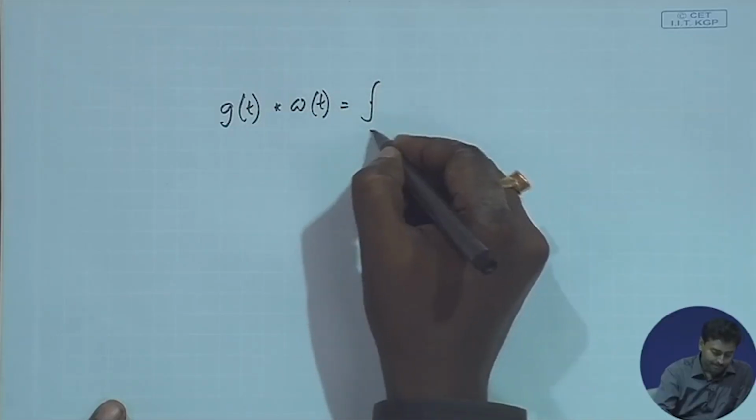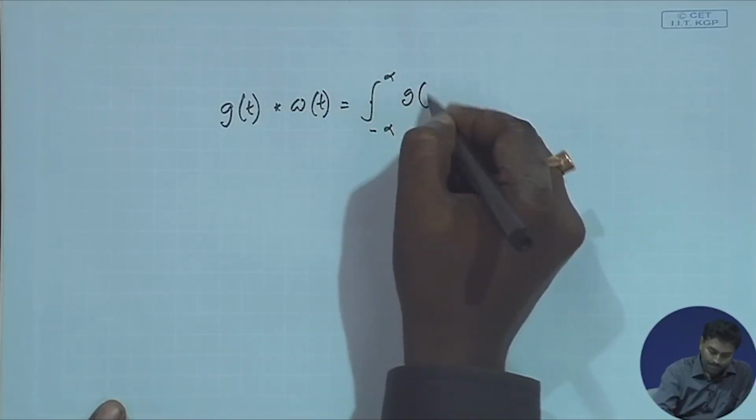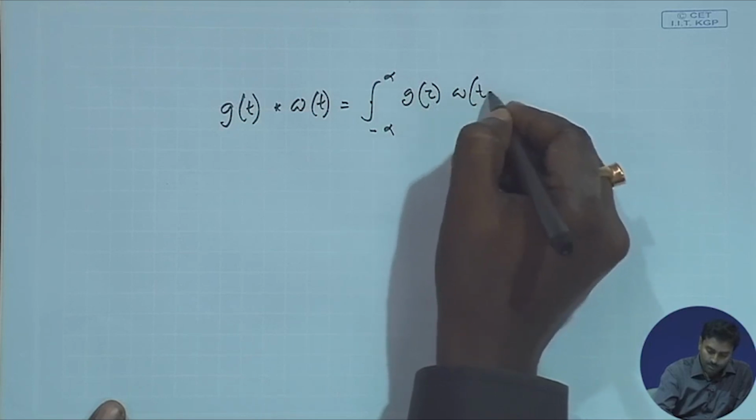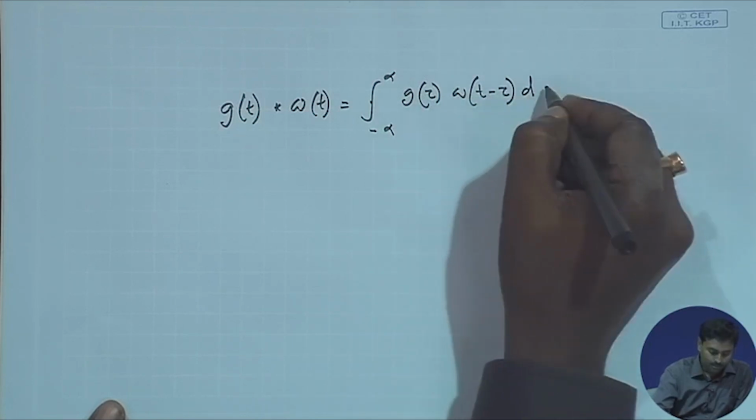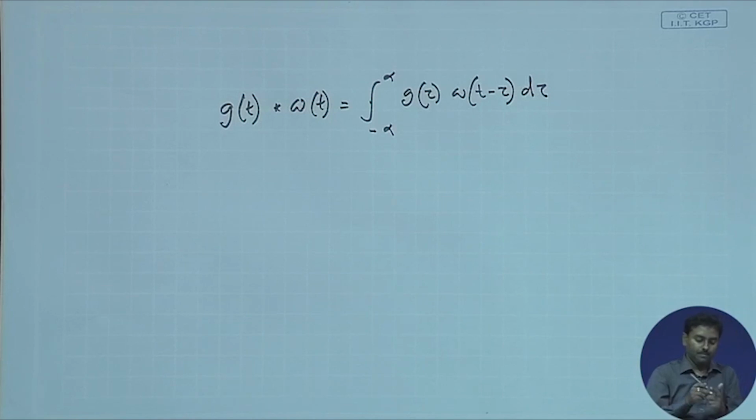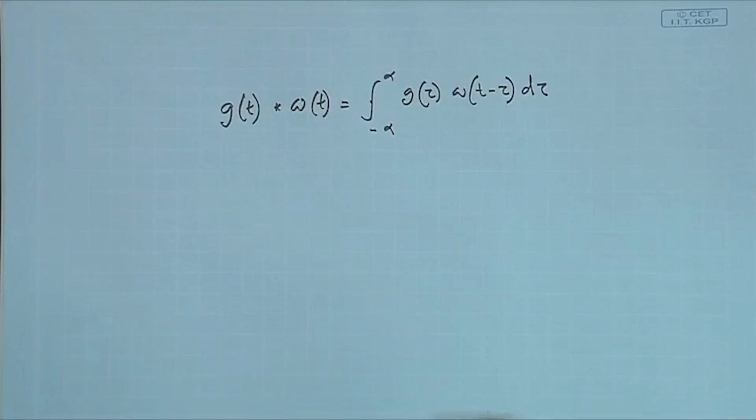What does that mean? Convolution actually means this. Okay. So, what is happening? You take this signal g(t), okay. Tau is the dummy variable of this integration, so do not worry about tau.